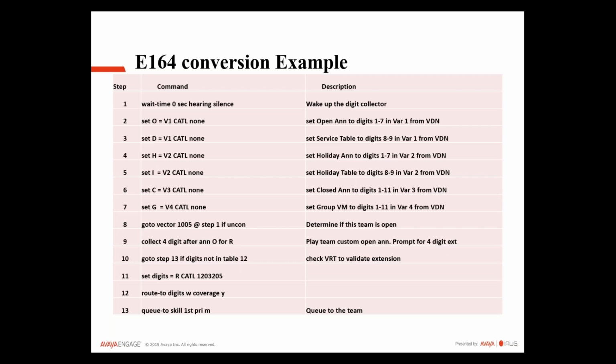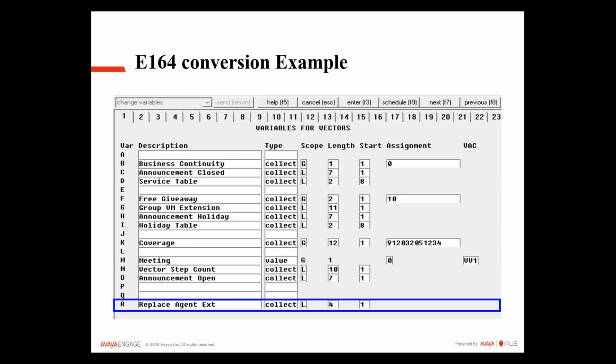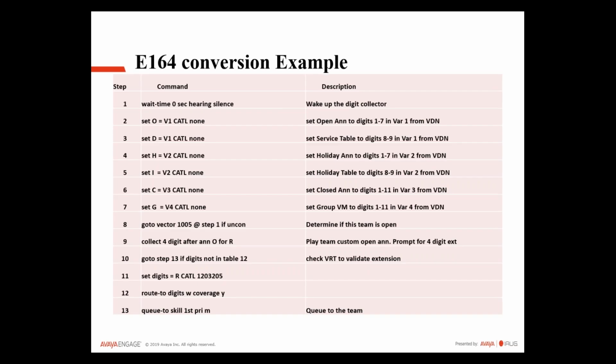So here we go. It's our standard vector that we've seen a bunch of times already during this session. What we're going to do here is come down, and I'm going to collect 4 digits after announcement O for R. R was our replace agent extension. So we're going to prompt for that. I'm still going to check to make sure that it's a valid extension in the VRT. We only have a certain number of groups that prompt for those 4 digits, and if a person's moved off a team, I don't want to bother sending it.